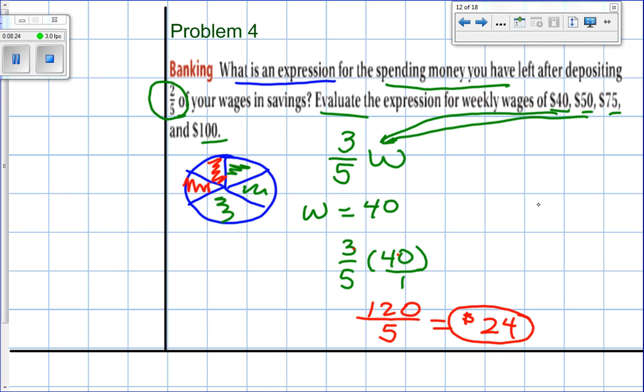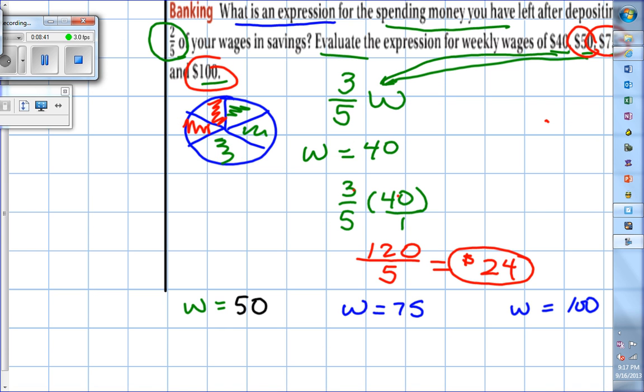Now your job is to take this same expression, 3/5 W, and replace the W with 50, 75, and 100. So hit the pause button, and then when you're ready, I'll come back with the answer. Okay, I'm not going to go through each of the problems and show you all the work. I'm just going to give you the answer so you can check your work.